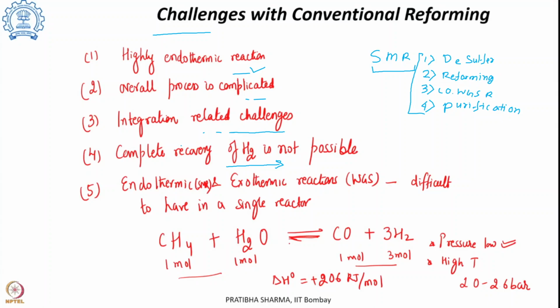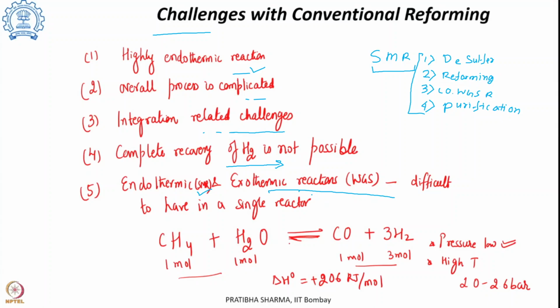These are the things: endothermic reactions and exothermic reactions, you know. Just remember, the water gas shift reaction is an exothermic reaction, and the SMR reaction is an endothermic reaction. In endothermic reactions heat is required, and in exothermic reactions heat is released.